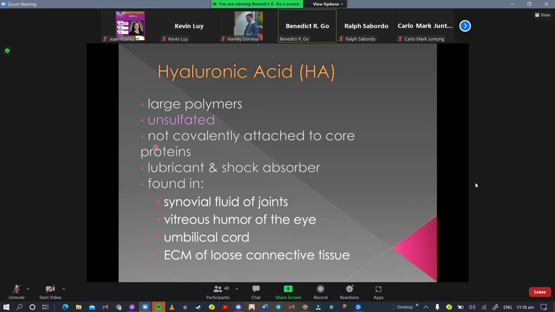It's also not covalently attached to your core protein, as you shall see later on in the figure. They act as lubricant and shock absorber, and they're found in synovial fluids, vitreous humor of the eye, umbilical cord, and extracellular matrix of loose connective tissue.